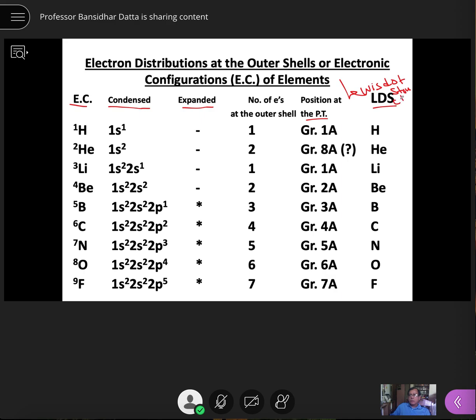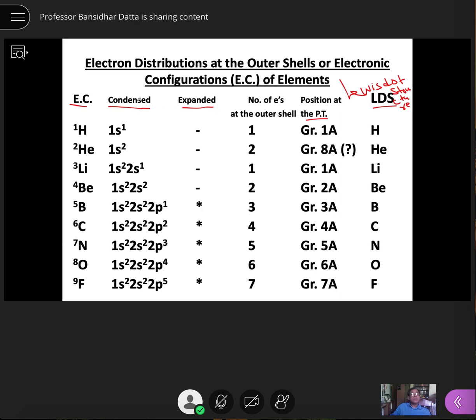Let me spell it all together. Lewis, L-E-W-I-S, Lewis, dot for D, structure, S-T-R-U-C-T-U-R-E, Lewis dot structure.